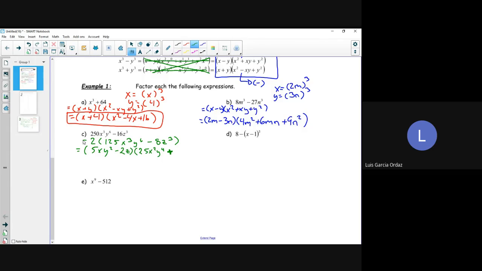Plus 10xy squared z plus 4z squared. You probably think this is not even simplified, but that's the simplest form that this difference of cubes can get into. So we're left with 5xy squared minus 2z times 25x squared y to the 4 plus 10xy squared z plus 4z squared.